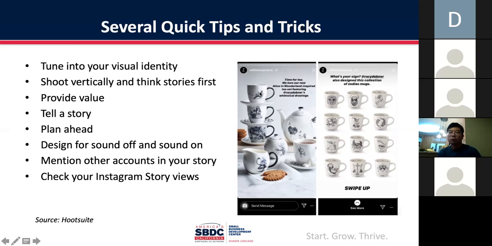For example, this is Williams Sonoma's Instagram stories. They're talking about a specific collection, Time for Tea. We love our new Alice in Wonderland inspired tea, featuring... So they're showing the whole collection as a group, and then they're breaking it down to other specific types of cups you could have.